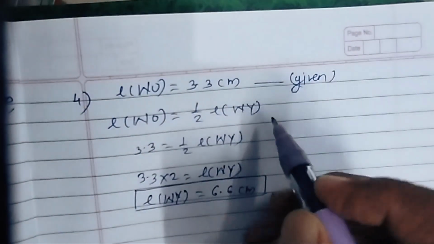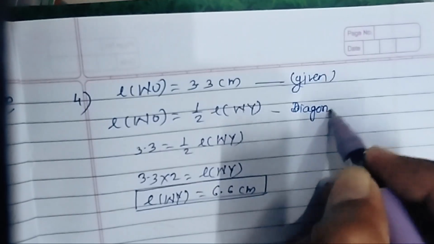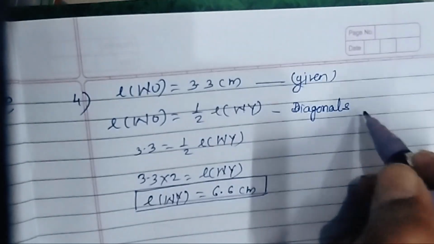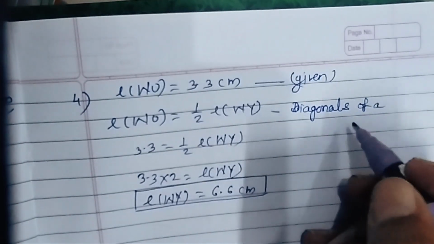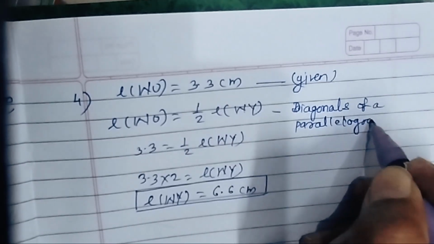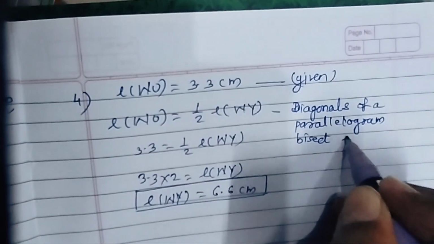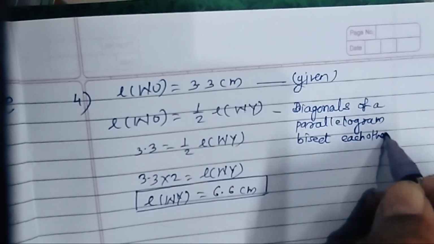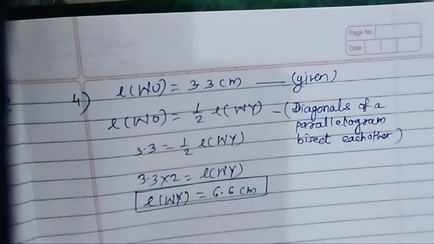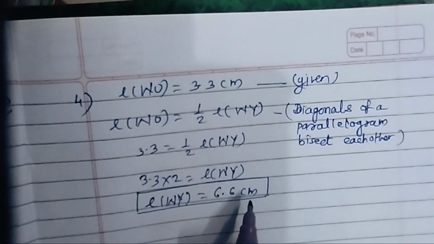What reason can we write here? Diagonals of a parallelogram bisect each other. So here we get the value of WY is equal to 6.6 centimeter.